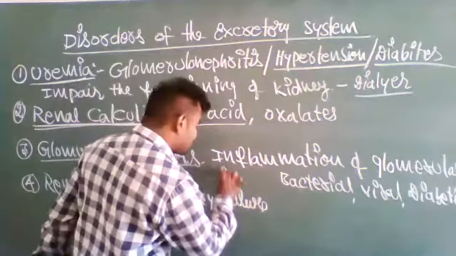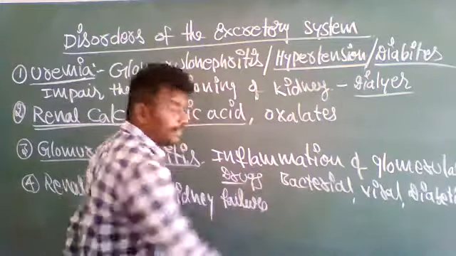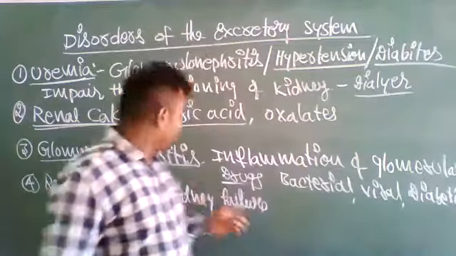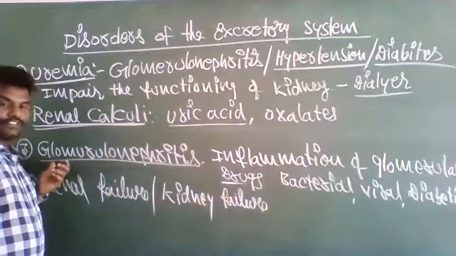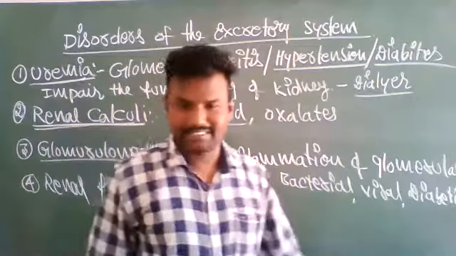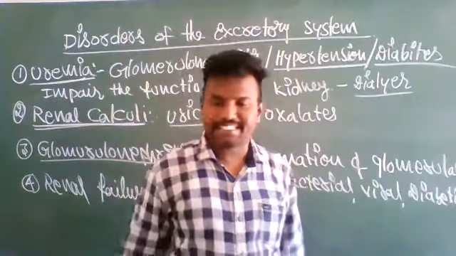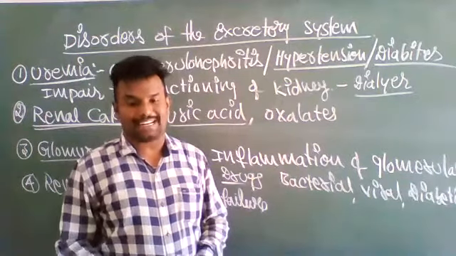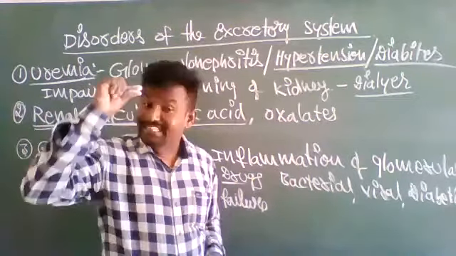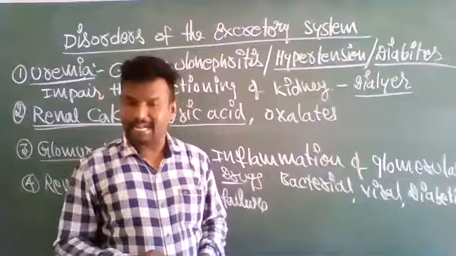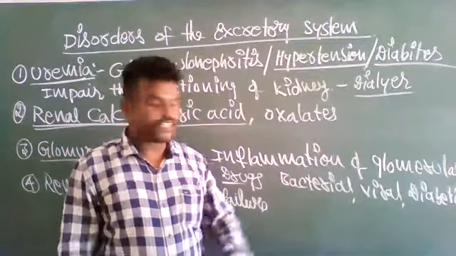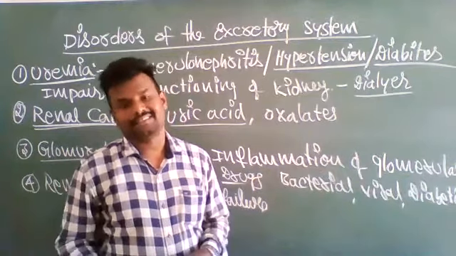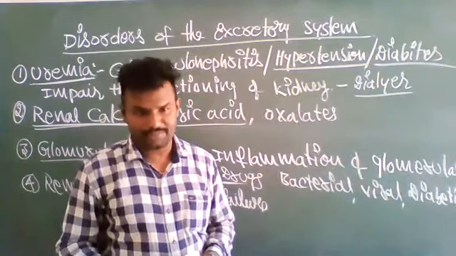Some people have a habit of taking certain drugs, and those drugs also lead to glomerulonephritis. Glomerulonephritis is the renal disease in which there is mainly inflammation of the glomerulus, pain with swelling, due to certain infections, diabetes, or certain drugs.